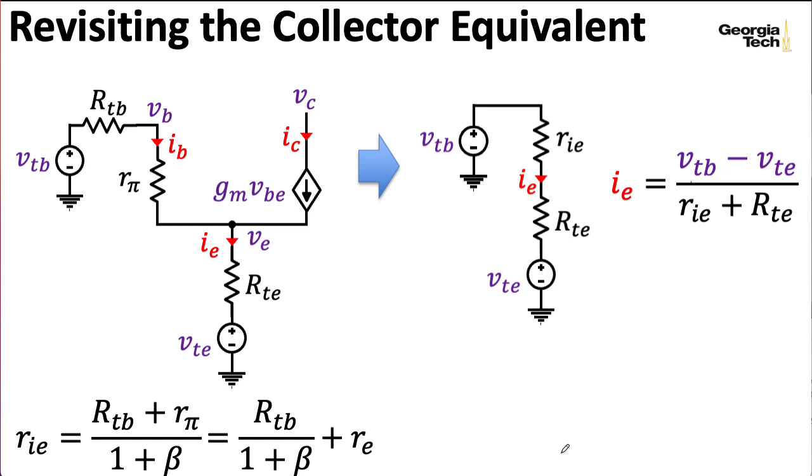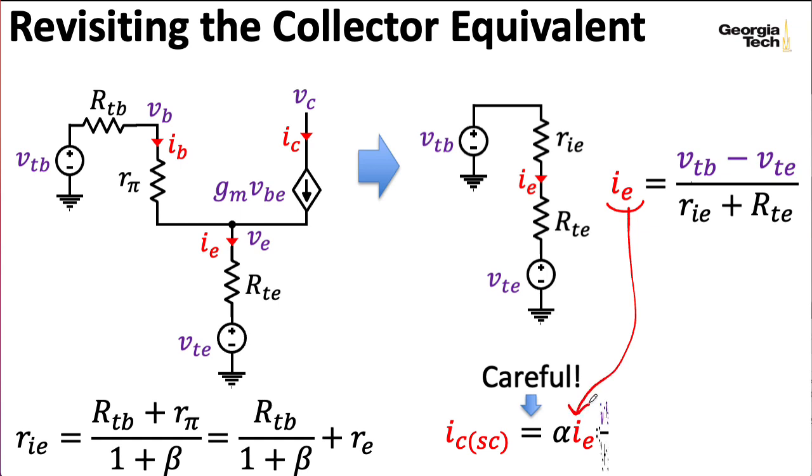So our Norton short circuit current can be related to our emitter current by just multiplying by alpha. Now I want to caution you that this is only because we're using that R0 approximation. If we weren't, then we would get primes involved in this formula, and our overall analysis would be a whole lot more complicated. So I can take my expression for IE, substitute it in here, and write something like this.